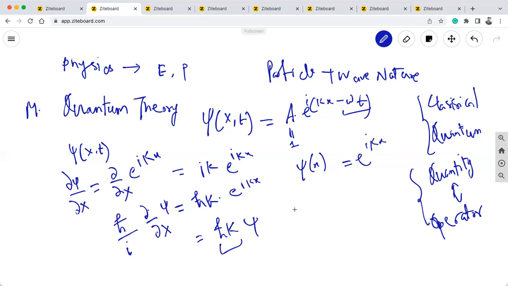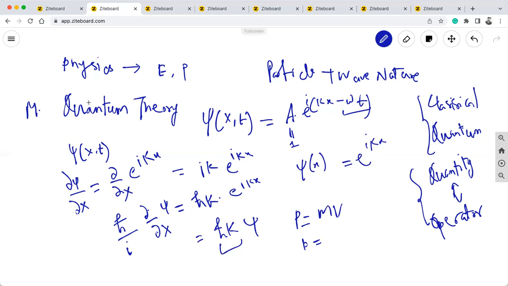We know from classical mechanics that p equals mv. m is the mass of a particle and v is the associated velocity. So this quantity will become the momentum.